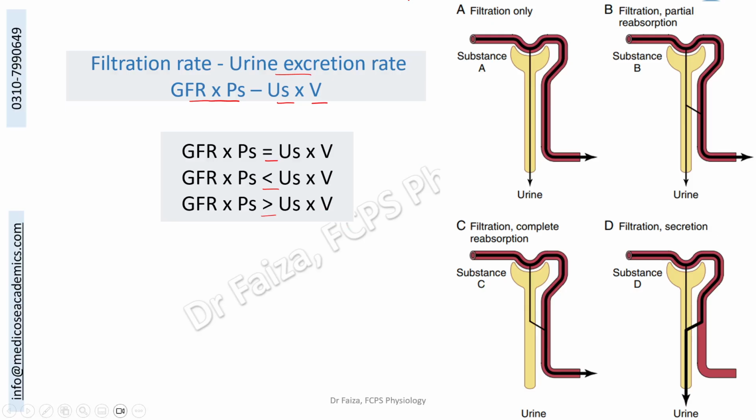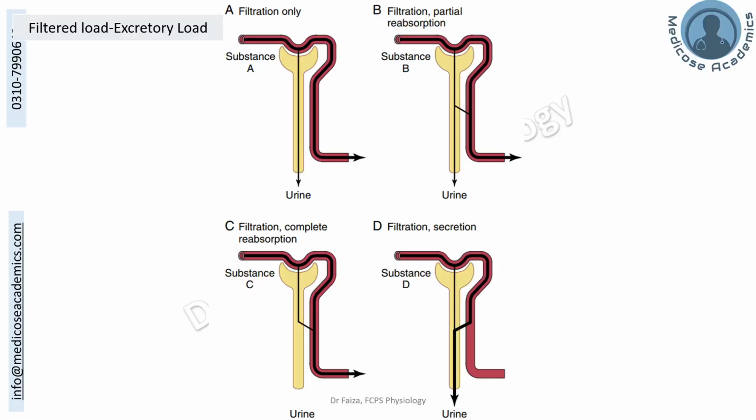So if we look at substance A, this is a substance which was freely filtered, not reabsorbed, not secreted, but excreted. In such a substance, filtered load is going to be equal to the excretory load. The substances B and C were freely filtered, but then partially or completely reabsorbed, not at all secreted.